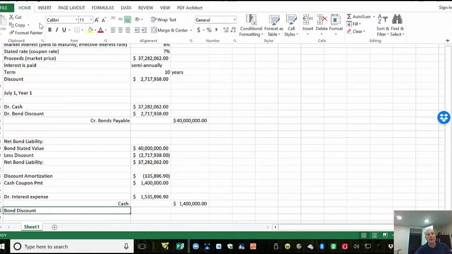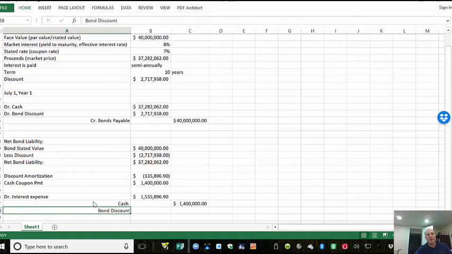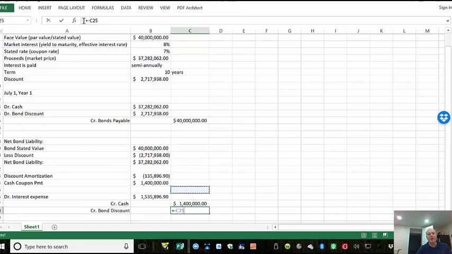It's going to be a credit, right? Remember, the discount originally is the debit balance, but by crediting the bond discount every period, you are going to, over time, bring it down to zero. So by the time the bond matures in 10 years, you will have no discount left, because the total amount of bond liability will be just equal to the stated value.